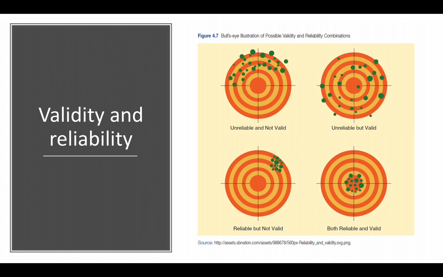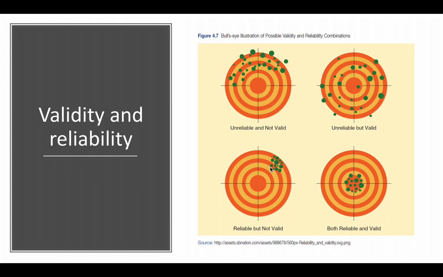But reliability means if you do it multiple times, they are very close to each other because they are possibly very similar results, right? So the first one, upper left, right? This is not around the center, it's scattered, so that's unreliable and not valid. And upper right, you'll see it's around the center, however it's scattered, right? So around the center means valid, but this is not reliable.